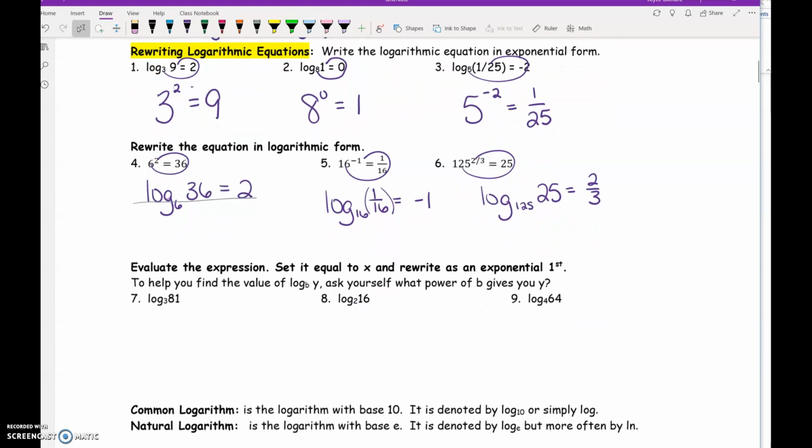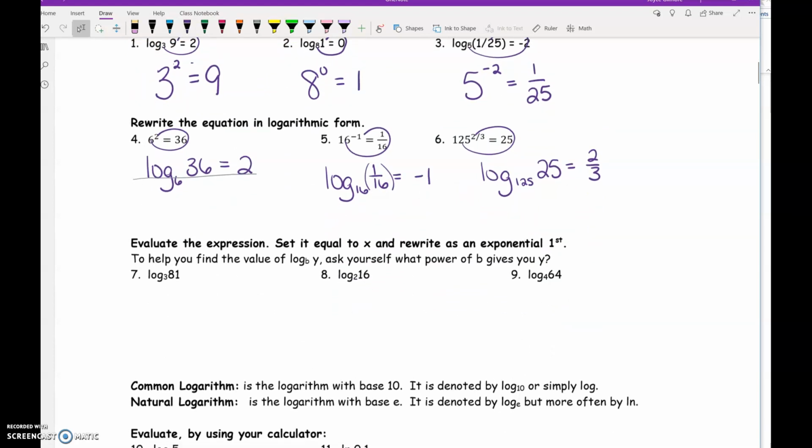Okay, evaluate the expression. Set it equal to x and rewrite it as an exponential equation first. We need to figure out what power would make this work. So if we put this equal to x and then did the log swoop, this would be 3 to the x equals 81.